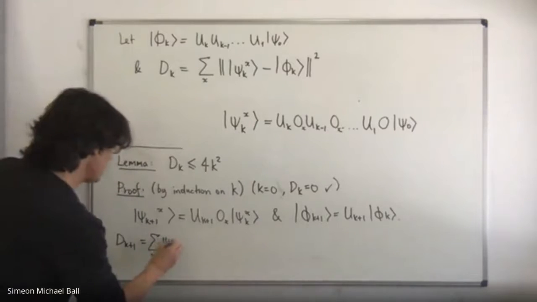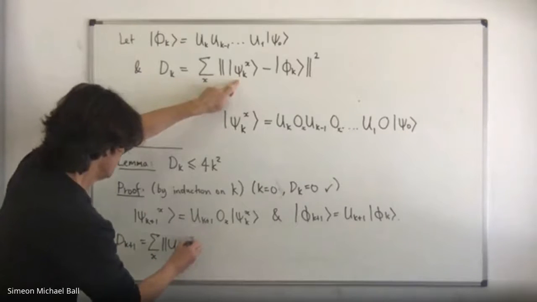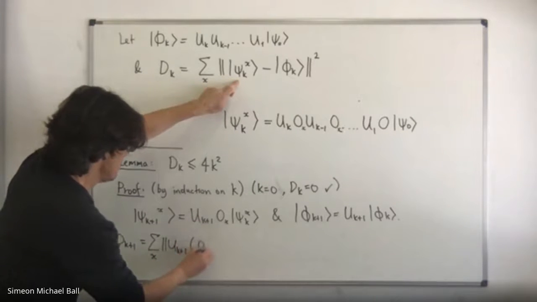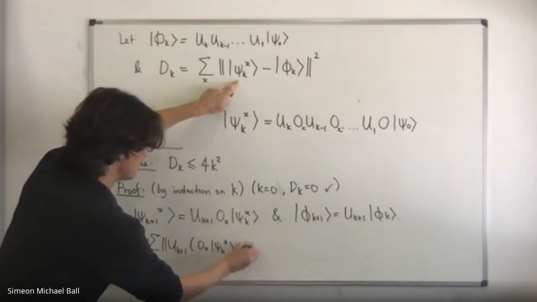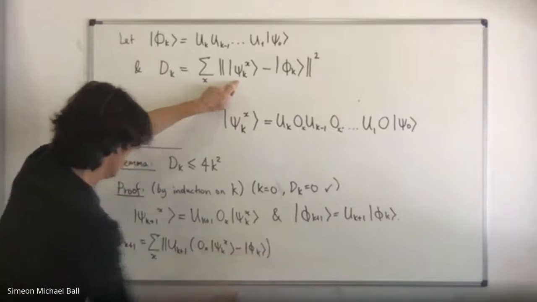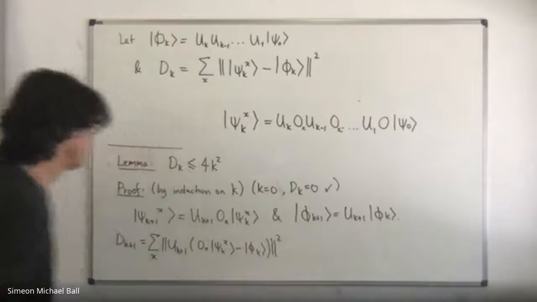We've got this U_{k+1} here that can come out of this one, and then we've got the Oracle applied to x minus the other term. So it's the norm of that, squared.